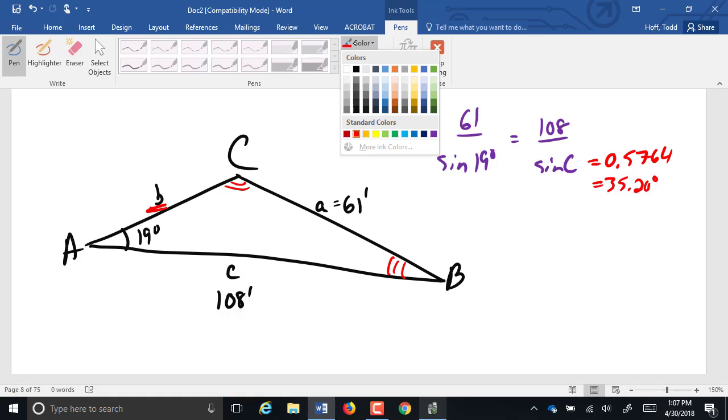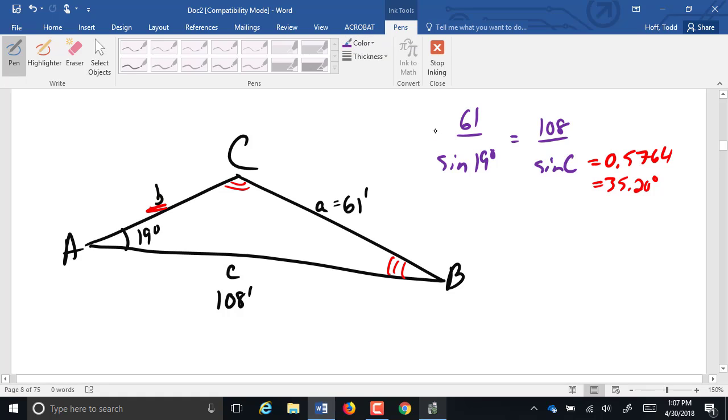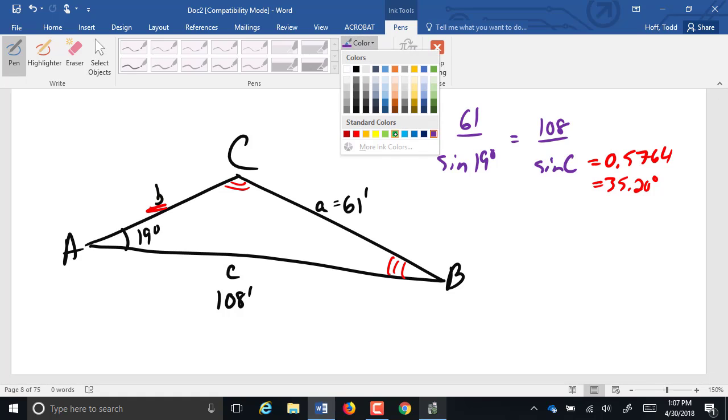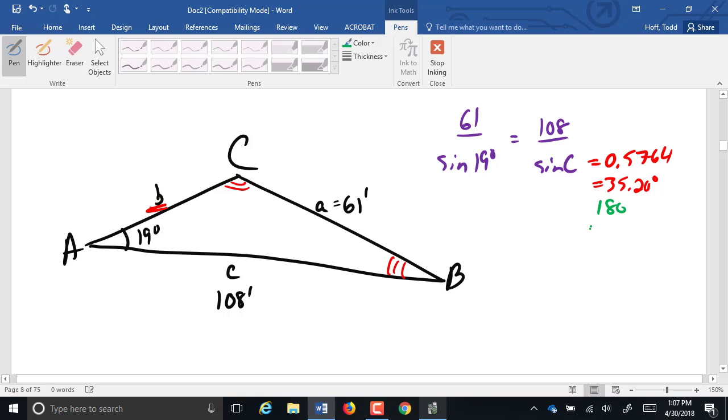So of course that means C itself has to be 180 minus 35.20 or 144.80 degrees. Right?